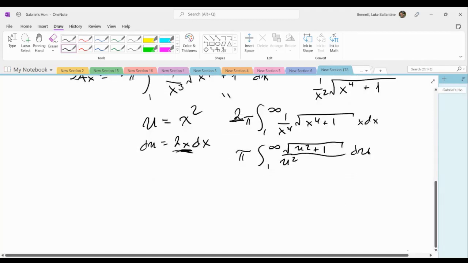It turns out that this integral right here, I actually didn't work it, but this is trig substitution.